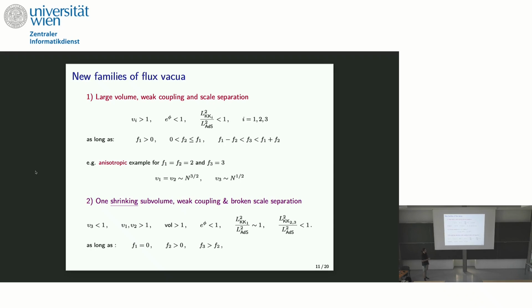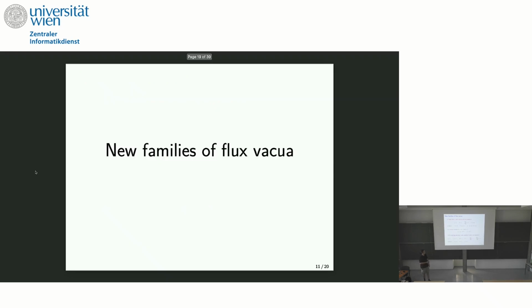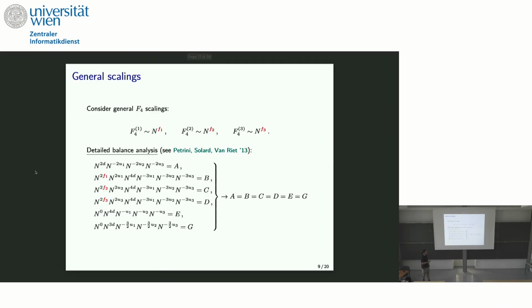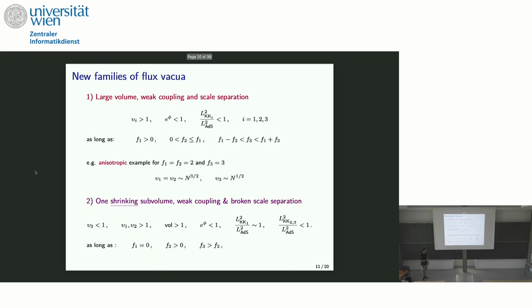When we impose this, and we also require these conditions to hold, we find conditions on the scalings of the effective fluxes, which should be satisfied in order to be in this regime. If you notice here, there is an equality. So if I set this equality and forget about the inequality, I go back to DGKT, okay?